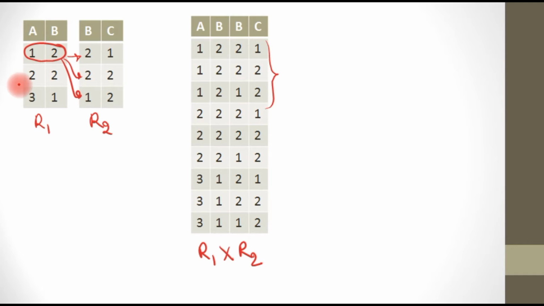This is done. Now we will take another tuple, 2 2, and it will be concatenated with all these tuples. See, we have here all these tuples. Now 3 1 will be concatenated with all the tuples of R2, and now we have this. So this is the relation, and it is the Cartesian product R1 cross R2.